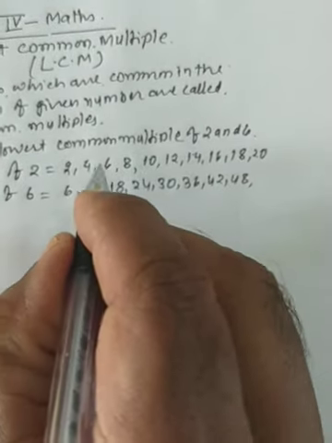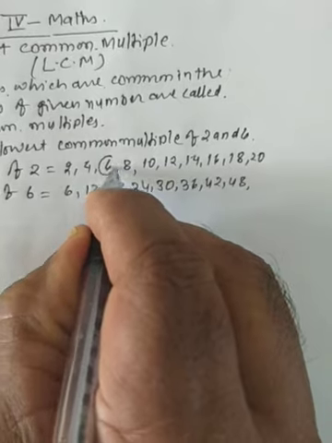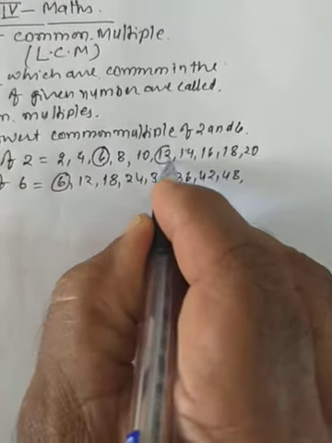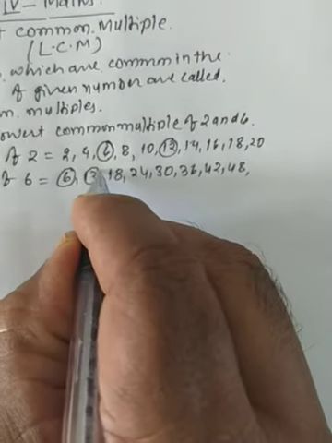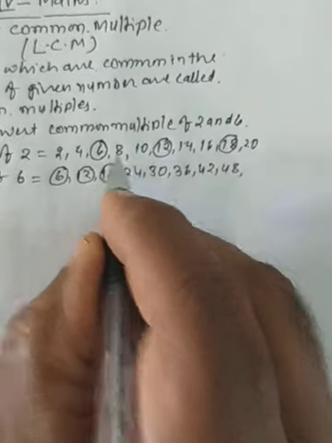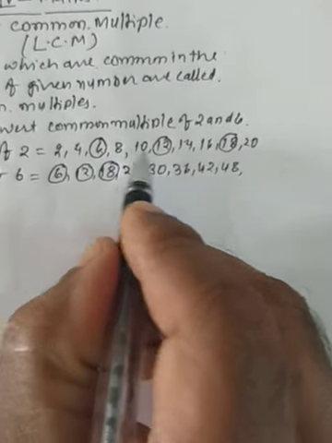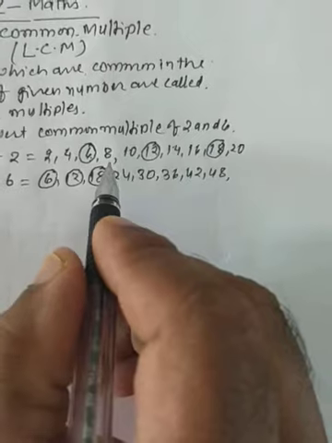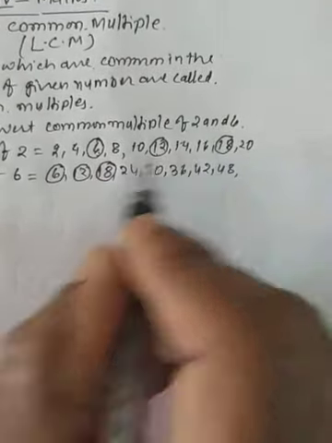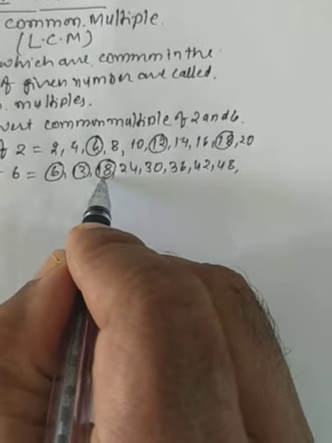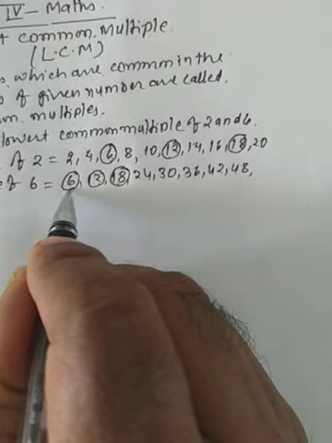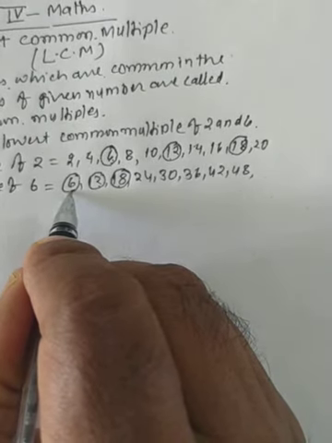So the common multiples are 6, 12 and 18. These three are common multiples of 2 and 6. So the lowest common multiple is 6.